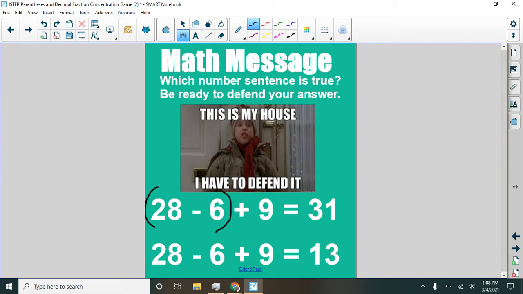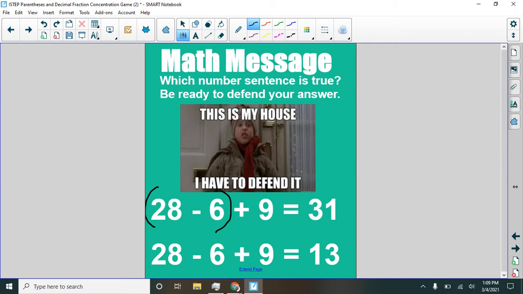Now, you should have learned about parentheses in third grade. What do you remember about parentheses in a number sentence? All right, in a number sentence, whatever is in parentheses is something we have to do first. And if you didn't learn that in third grade, now you know, okay? Whatever is in parentheses, we have to do that first.